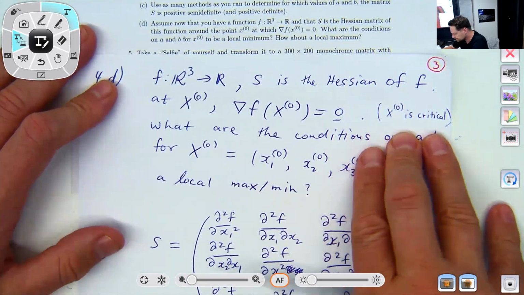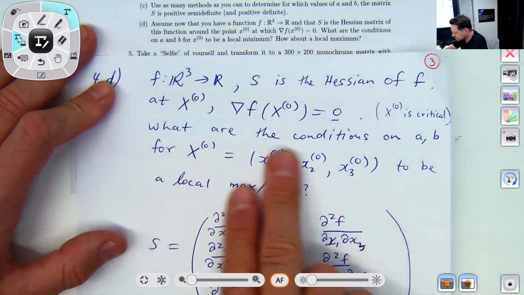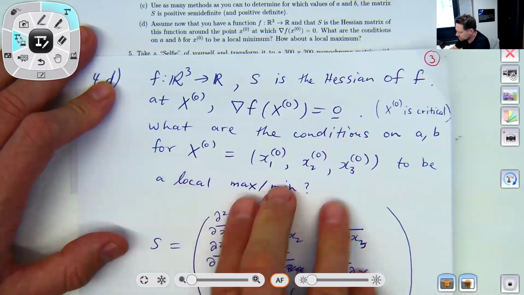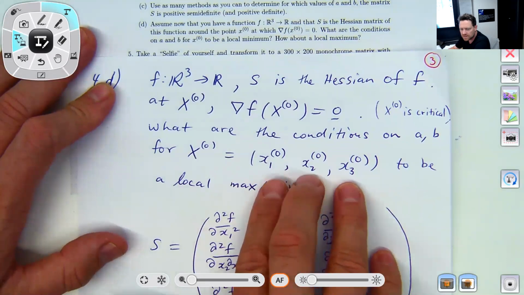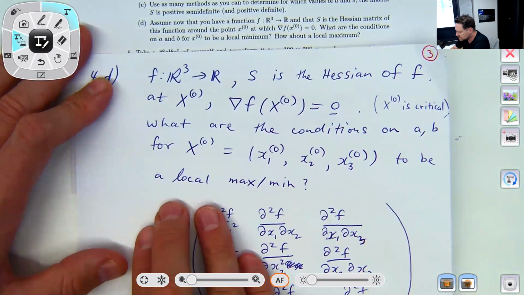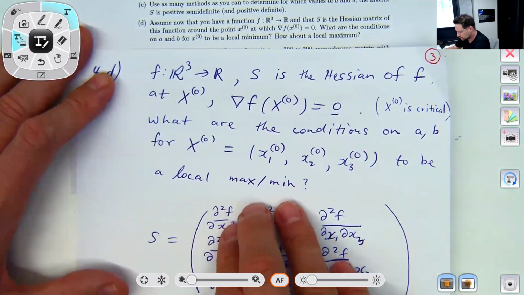Turning point. Okay, so what are the conditions on S for x superscript 0, and in this case, since it's a triple, it'll be x1 superscript 0, x2 superscript 0, and so on. But what are the conditions on this to be a local max or a local minimum?